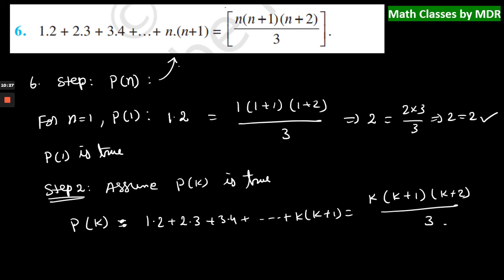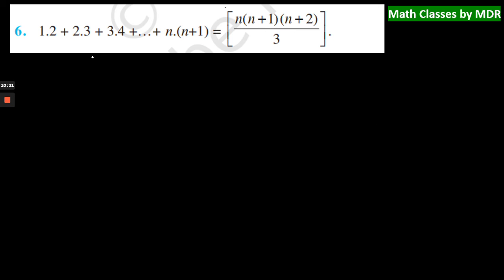So by assuming P(k) is true, we will prove that P(k plus 1) is also true. What to do? We need to prove P(k plus 1) is true. So what do you have here?